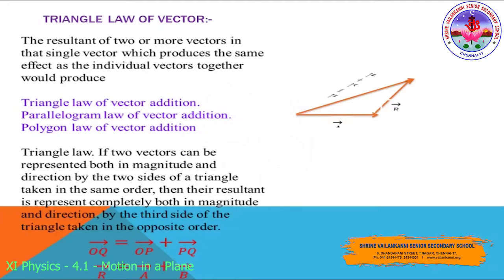According to the triangular law, OQ is equal to OP plus PQ, or R vector is equal to A vector plus B vector. Understand?